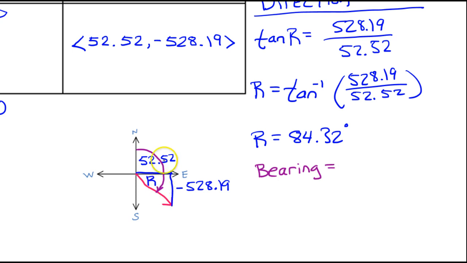So how could I calculate this? Notice I passed by 90 degrees. A bearing of 90 degrees would have been east. And I kept going by a value of the reference angle. So I should be able to calculate the bearing by doing 90 plus the reference angle of 84.32. That's why the bearing is 174.32.